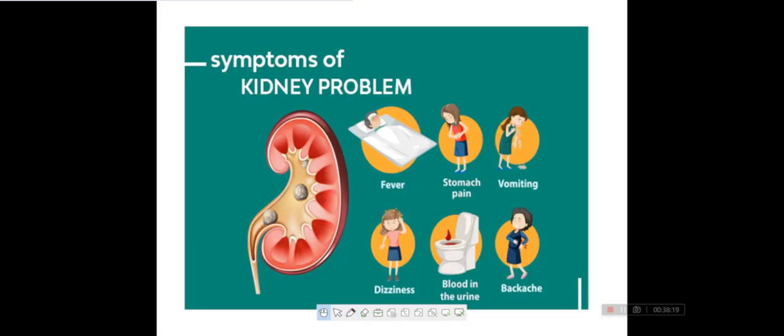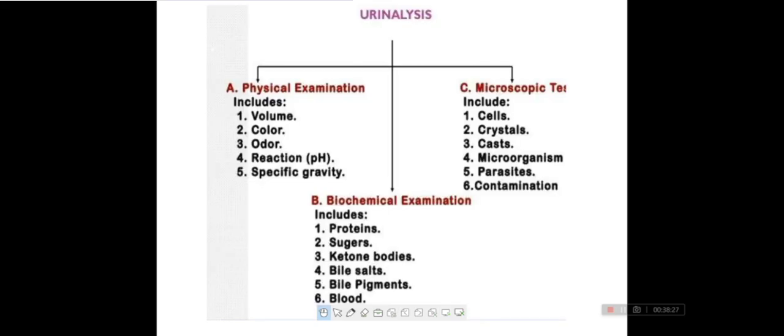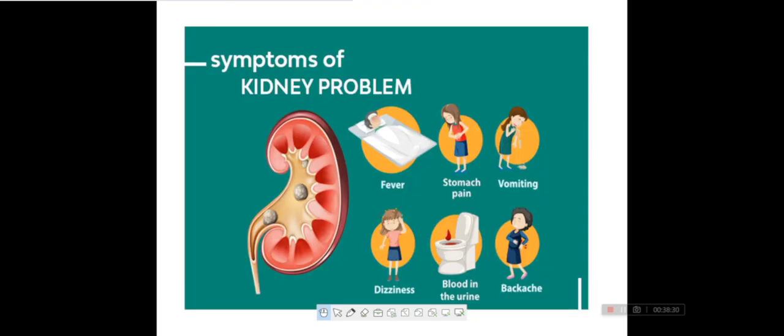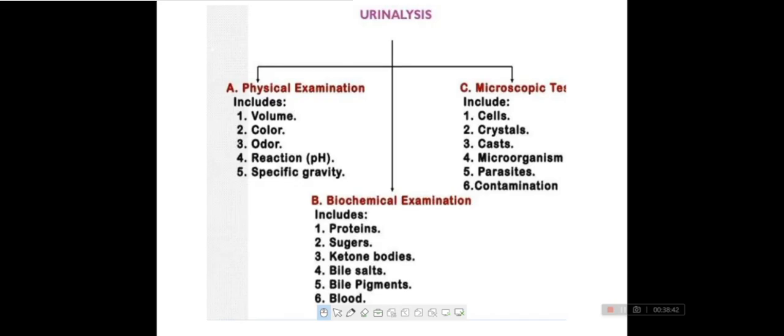Now what are the symptoms when our kidney does not perform properly? The symptoms are fever, stomach pain, vomiting, dizziness, blood in urine, and back pain. These are the symptoms when the kidney is not performing well.